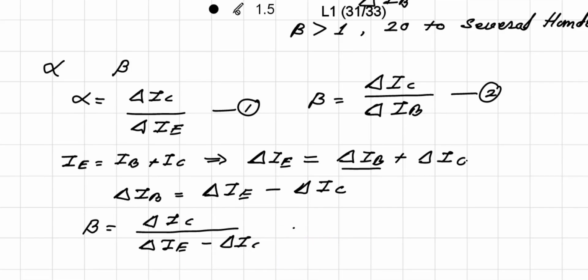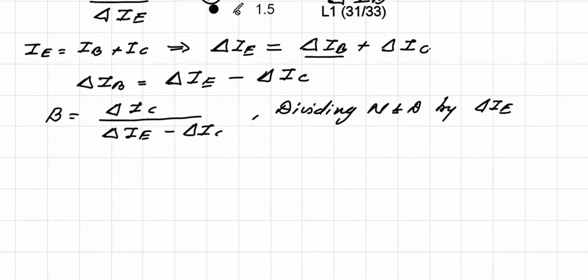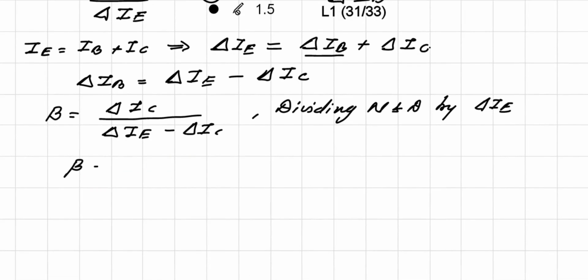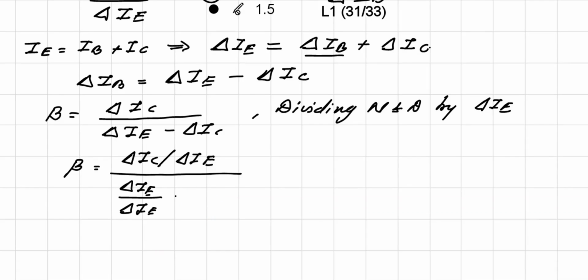Now dividing the numerator and denominator by delta IE, we get beta is equal to delta IC upon delta IE divided by delta IE upon delta IE, which turns out to be 1, minus delta IC upon delta IE.